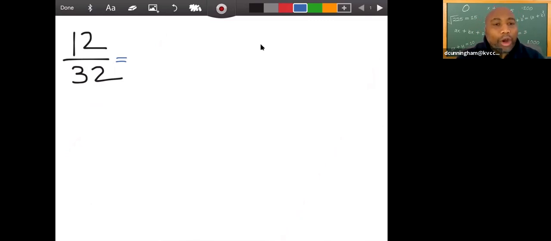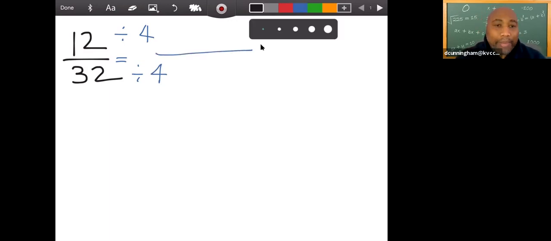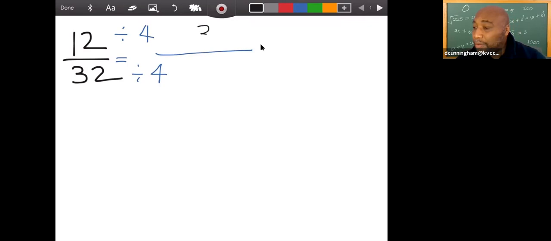Maybe some of you have noticed that not only 2 can go into 12 and 32, but also 4. What I do on the top, I also do on the bottom. If I divide both the numerator and the denominator by 4, because it goes in evenly, we end up here with 3 over 8. And that's what we got before.